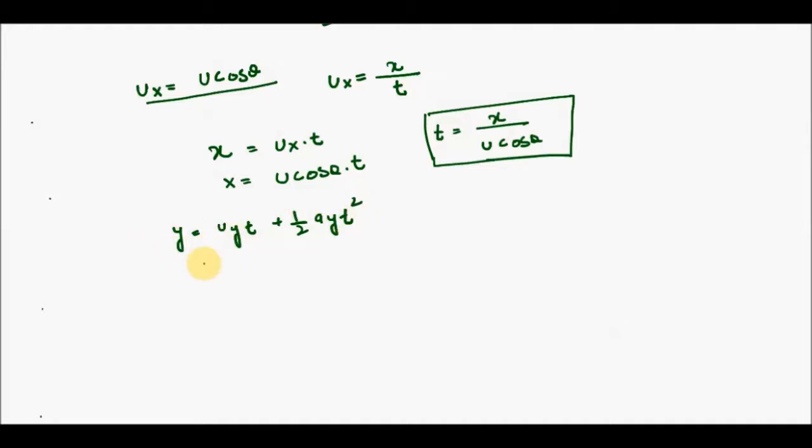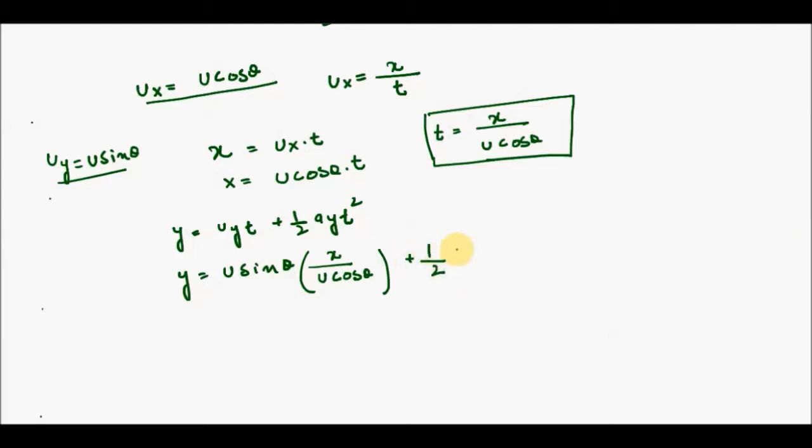So y can be written as, with uy equal to u sine theta, which you must know, u sine theta, and for t I will write x divided by u cos theta, plus half of ay.